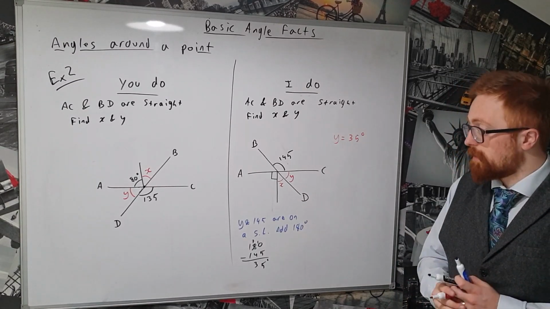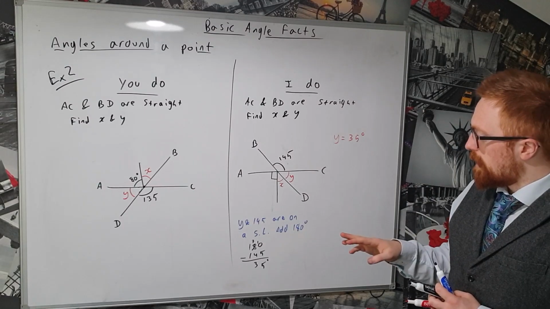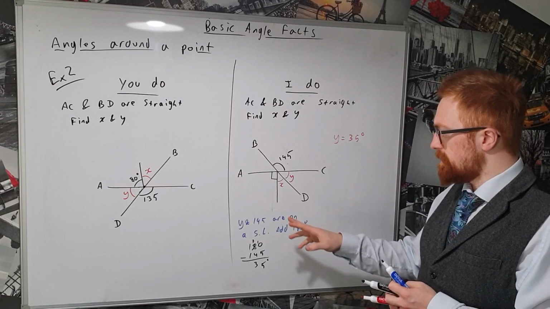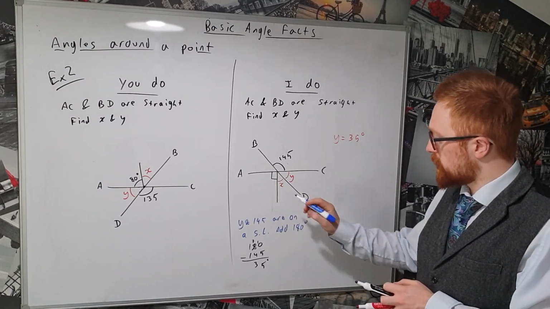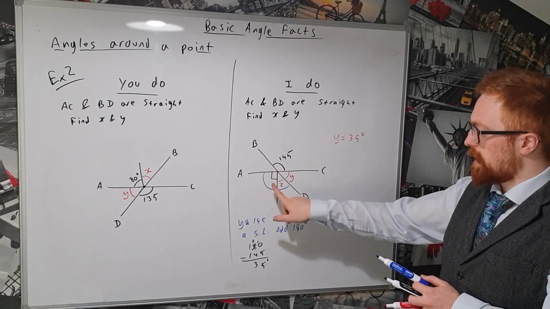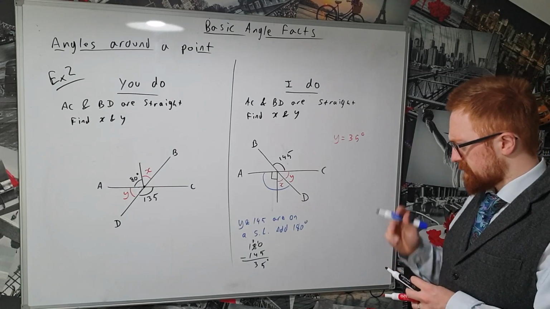Okay, so there's a couple of ways we can work out what X is here. I think the one I will do uses the fact that this large angle here, the whole angle there is vertically opposite to that 145.